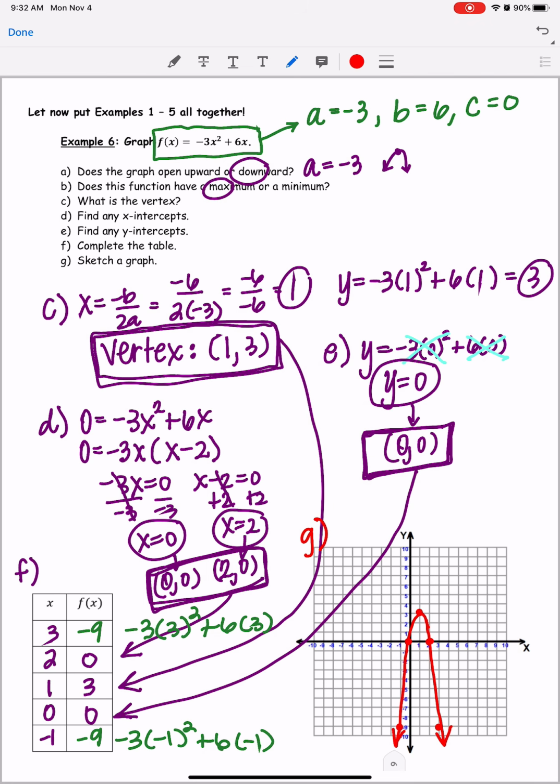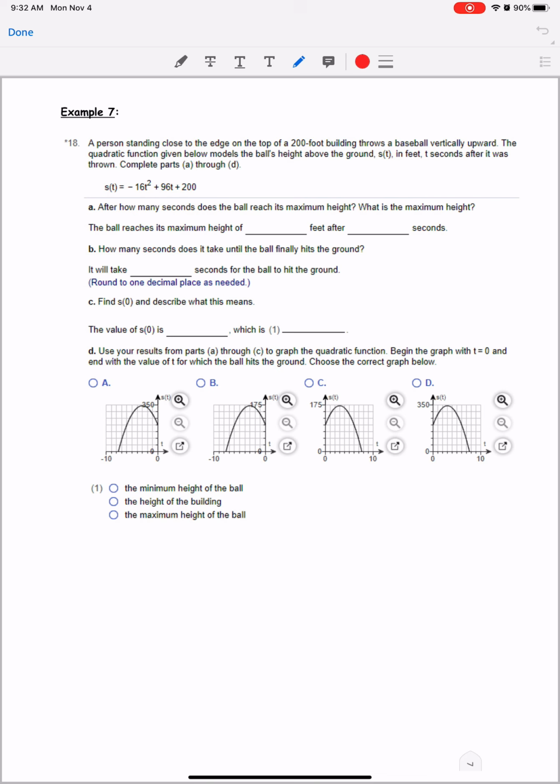Our last 2 pages, and I know we've just gone over an hour. We're going to finish this lesson with word problems. So, this is directly from your My Math Lab homework. Number 18.